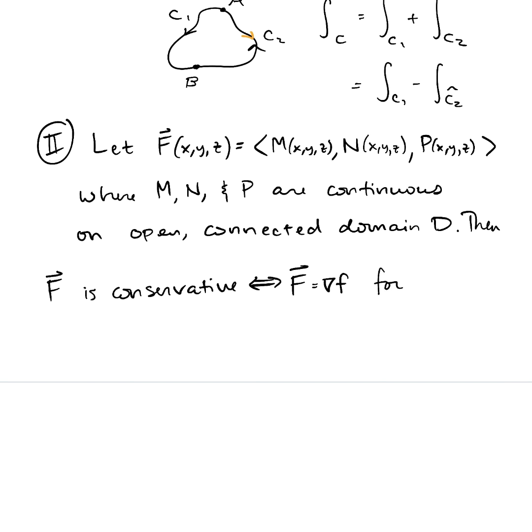So if and only if big F is gradient little f for some differentiable function little f. Okay, let's box that up and then let's talk about some of the hypotheses we have going here.